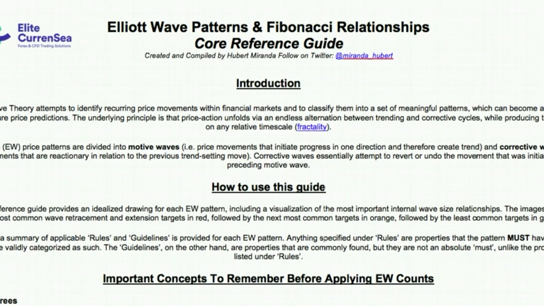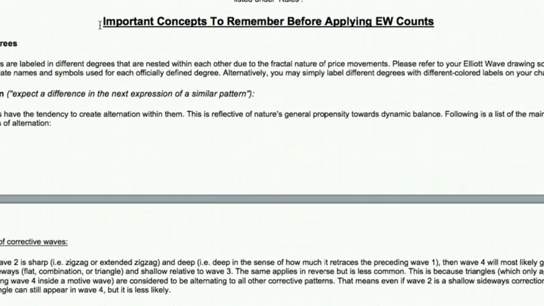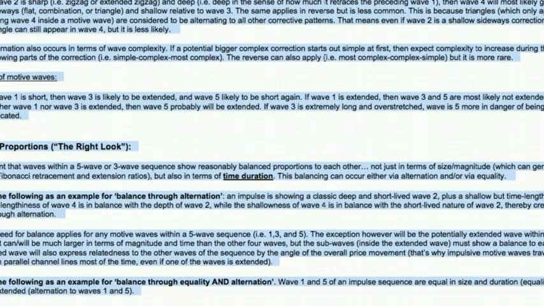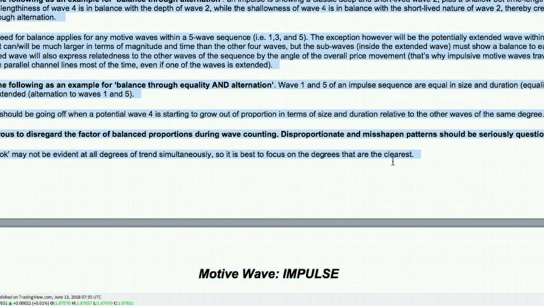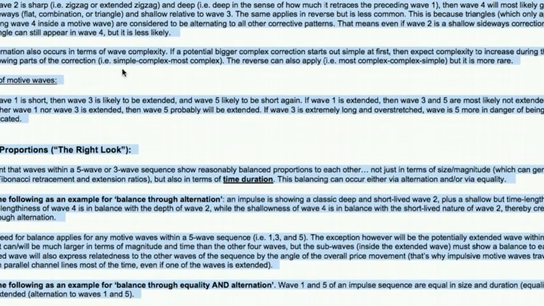If we get into some more details now, as you look at the guide itself, there is an introduction here called Important Concepts to Remember Before Applying Elliott Wave Counts, which covers some key concepts that are important to always bear in mind. This is perhaps the only section in the entire guide that's worth reading through initially, and really remembering everything that's written in here, because there are some important concepts that can often be somewhat ignored.